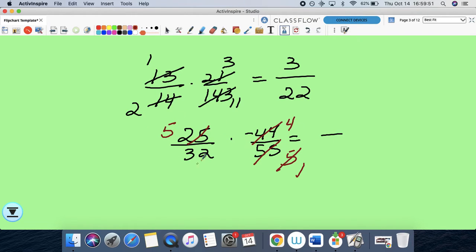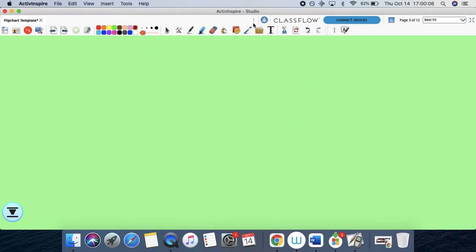Now I can do 32 and 4. 4 divided by 4 is 1. And 32 divided by 4 is 8. So I have 5 and 1 on the top and 8 and 1 at the bottom. Can I simplify anything else? No. So it's 5 over 8.